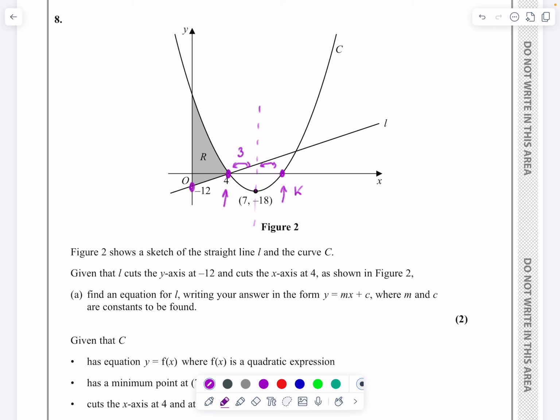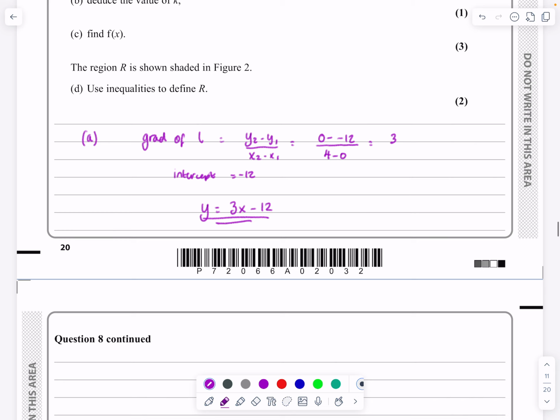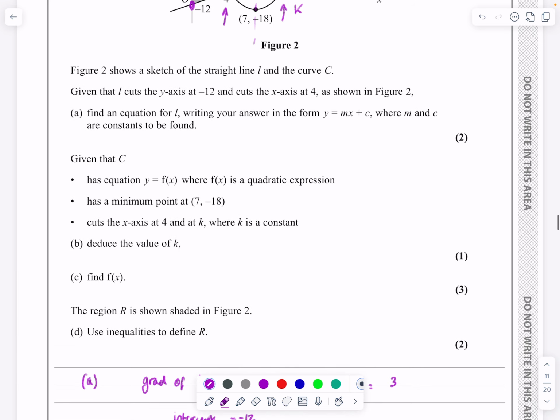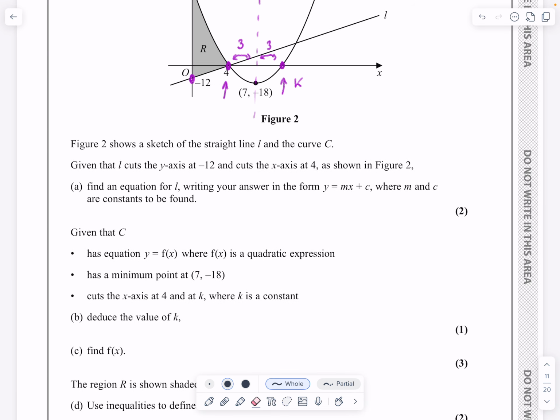So if it's 3 units from 4 to 7, then it's going to be another 3 units from 7 to k. For part B, using symmetry, it's only worth 1 mark, so we don't really even need to say how we get it. k is equal to 10. Okay, so I can put that on the diagram just in case I need it later. k is equal to 10 there as well.